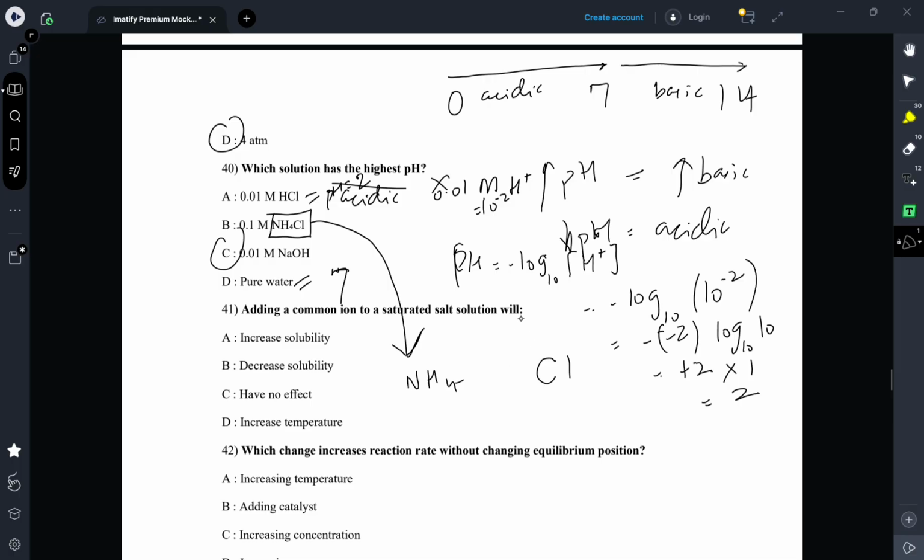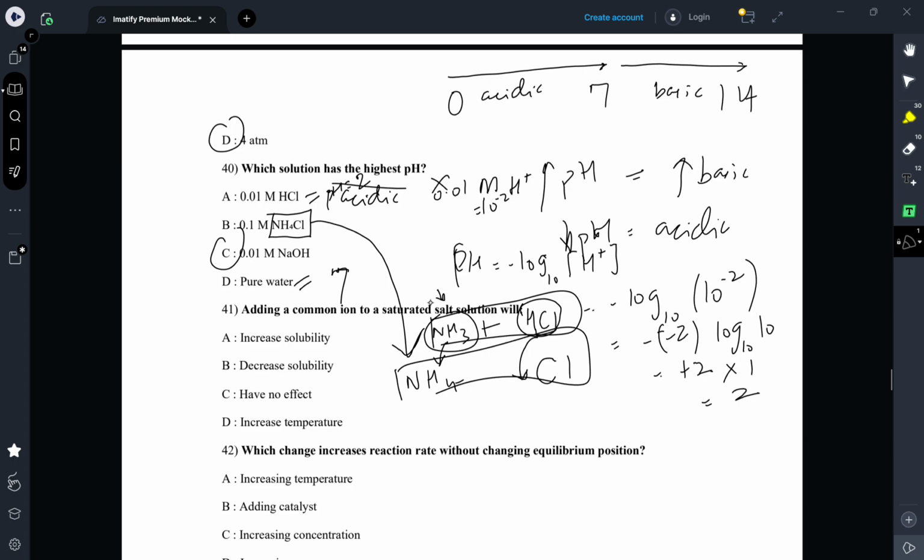So from HCl we get Cl, right? And from NH3 we get NH4. So a base NH3 and an acid HCl, when they react, will form NH4Cl, this salt.